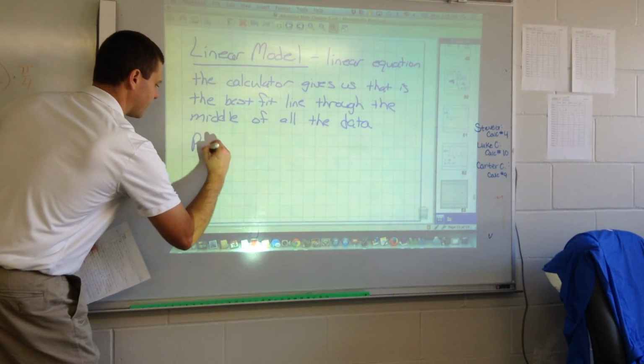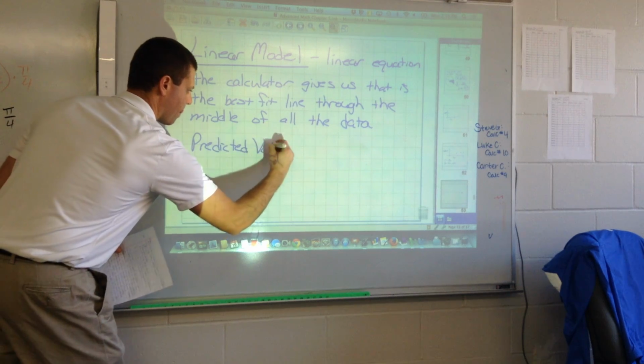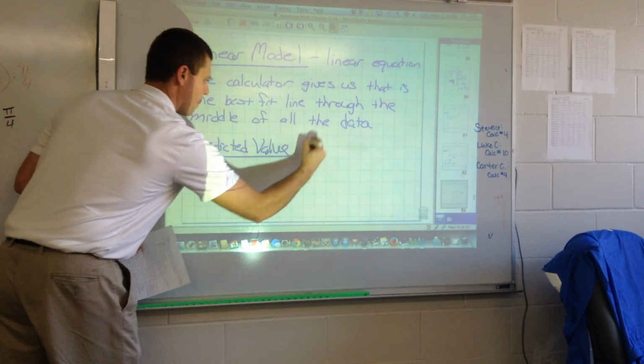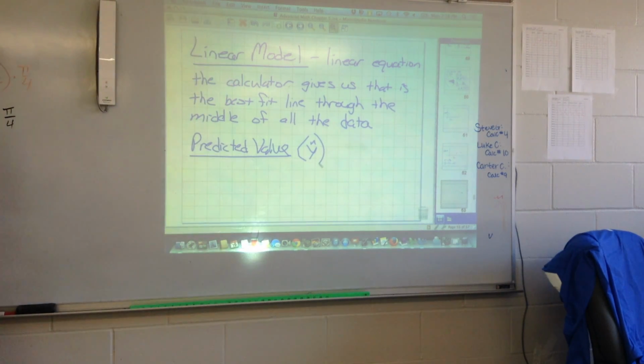Then we have a predicted value. From the reading, you probably saw that little notation. It's called y hat.